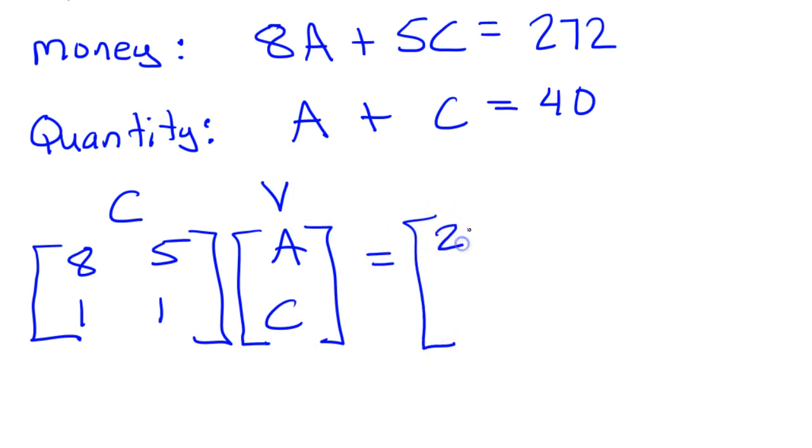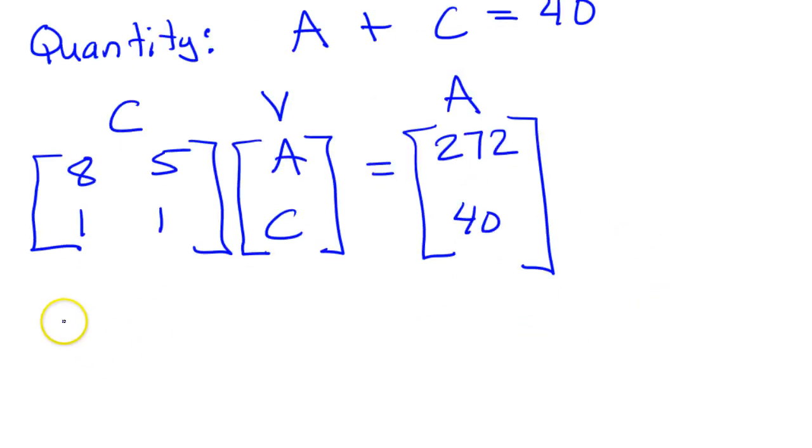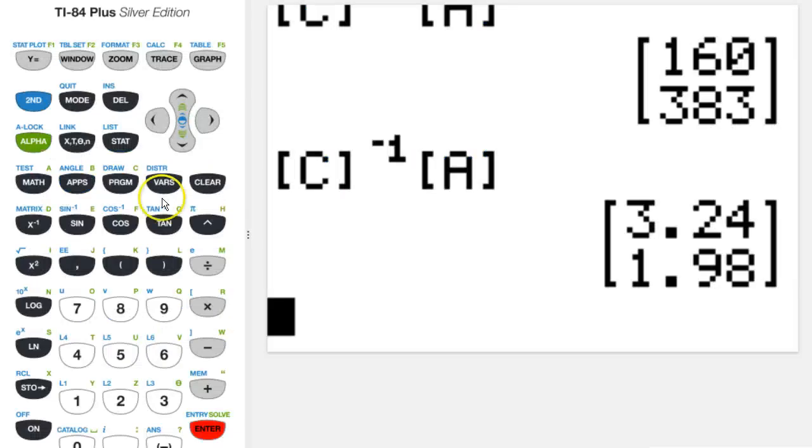And then we have 272 and 40. This is our answer matrix. So we know that since C times V is equal to A, that means V is equal to C inverse times A. So let's use our calculator.